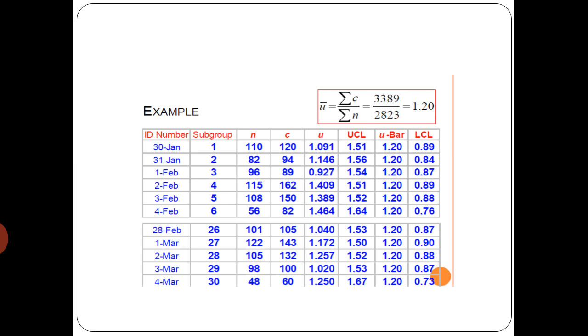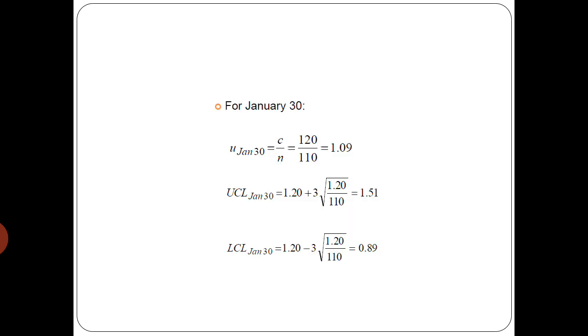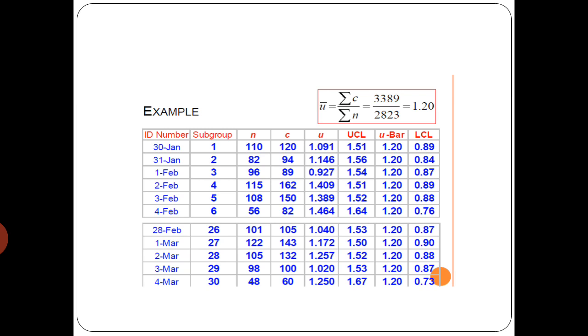Similarly for other days also. Upper control limit we got 1.51, lower control limit we got 0.89. This is for January 30 only. Similarly the upper and lower control limits for all days, 31st, 1st, 2nd February, 3rd February, all these are calculated.